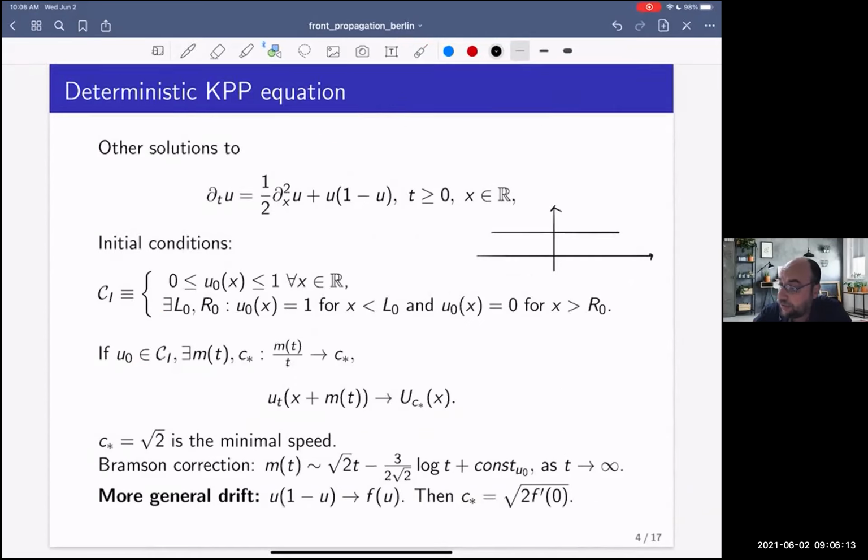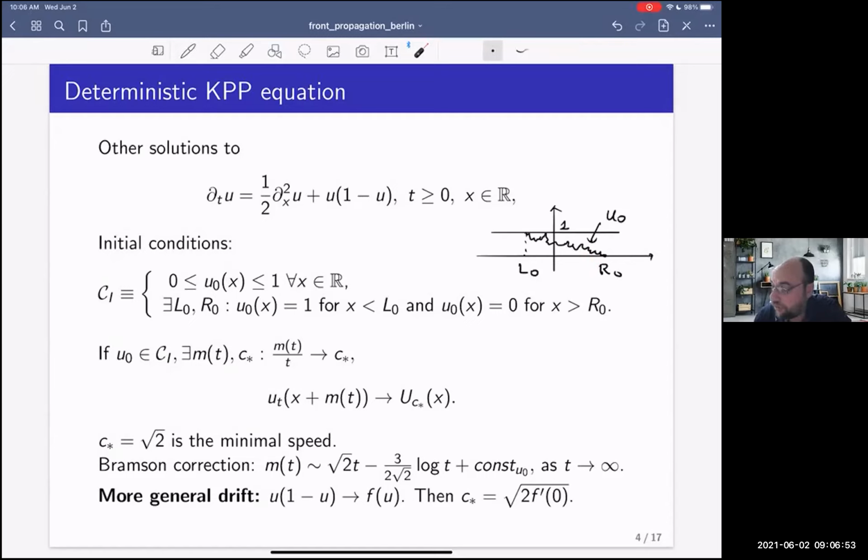So if this is level 1, then we talk about initial conditions that have a left edge of the interface, let's say it's A_0, the right edge is R_0, and this is the initial condition for our equation. It's 0 here, all the way here, 1 over here, and there is some interface, and we call it compact interface, or sometimes we call it compact support.